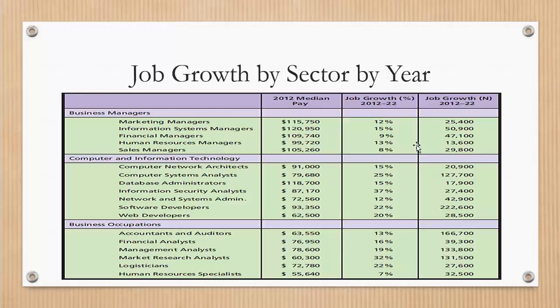So you can see here we've got network systems analysts, database administrators, and so on. What their pay is, what the growth is going to be, what the Bureau of Labor Statistics thinks it's going to be, and then what the actual numbers are. So here you can see there's going to be a huge demand for software developers.